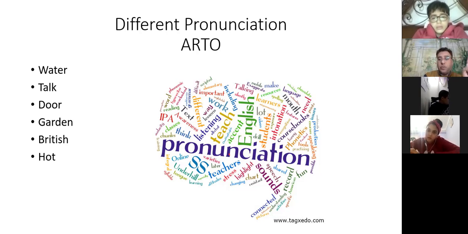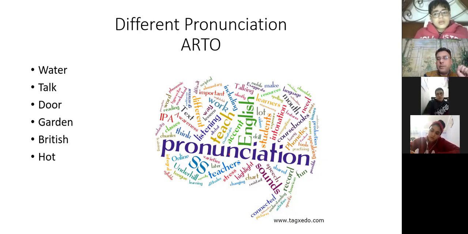It's door, not door with R. Americans say R: water, door.